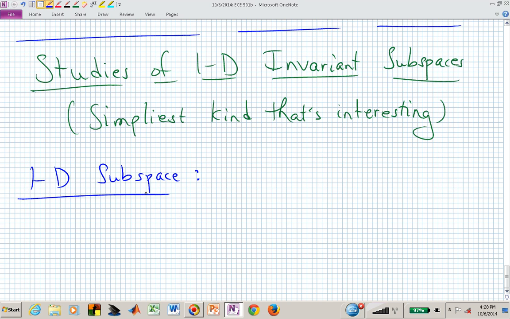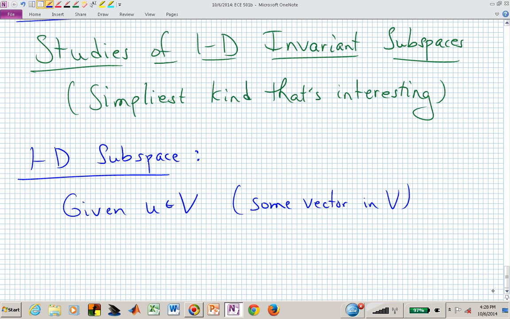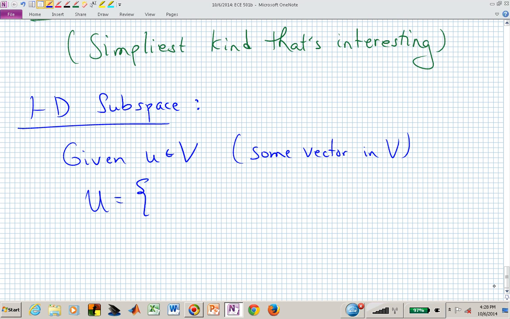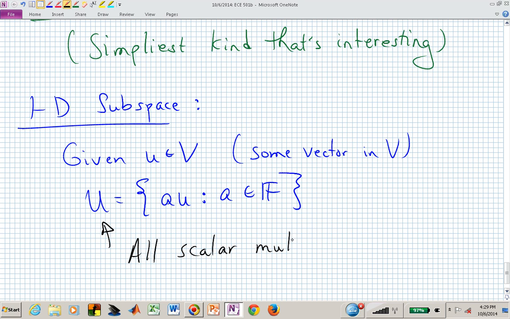So here, let's talk now about a 1D subspace. Suppose we are given u in our vector space, and suppose U, a subspace, is now the set au such that a belongs to our number field, F. Or really what we're saying is U represents all scalar multiples of u.